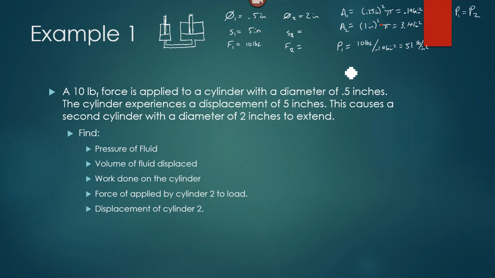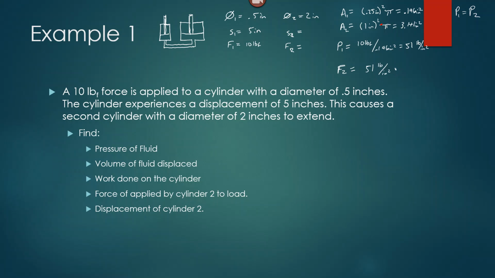So if we want to look at force 2, we can just take P1, which is also equal to P2, and that is 51 pounds per inches squared.